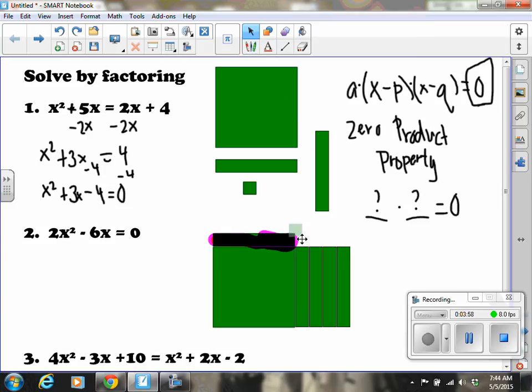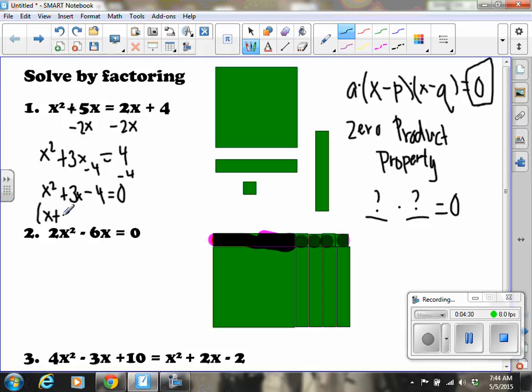I'm going to arrange my area model that way. I do end up with negative 4 ones, which is exactly what I wanted. And those are also negative. Okay. So that factored form would be x plus 4 times x minus 1.